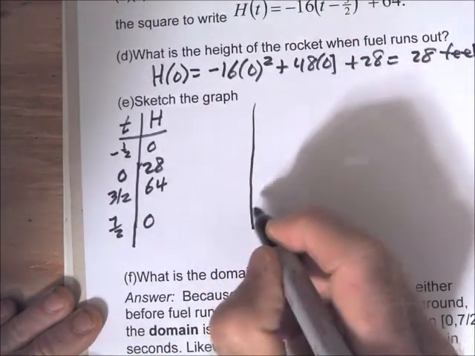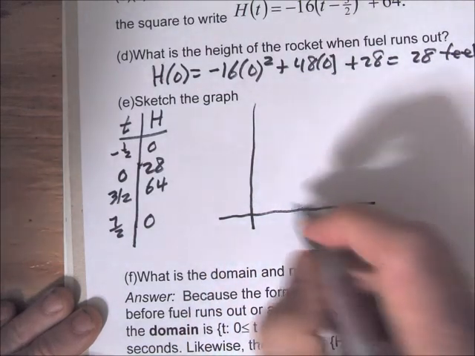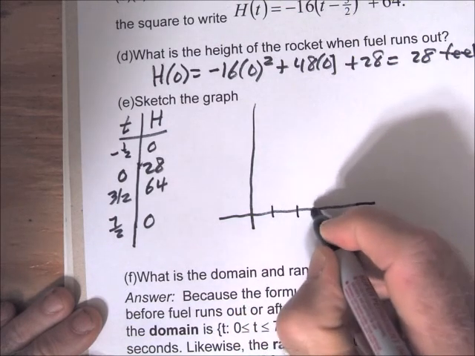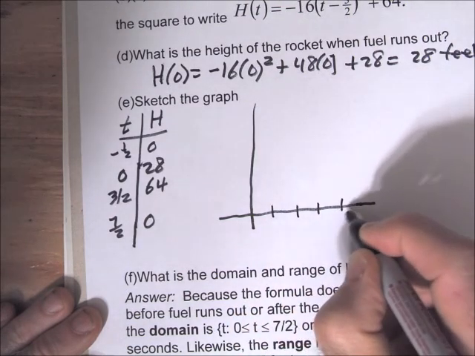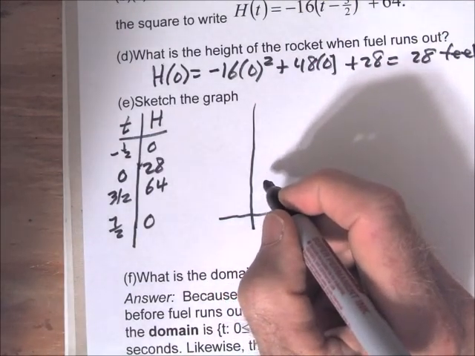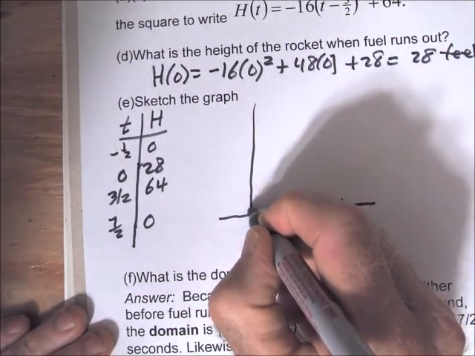We can sketch the graph here. So this would be 1, 2, 3, go up to 4. On the height axis, we also have to go up to at least 64.